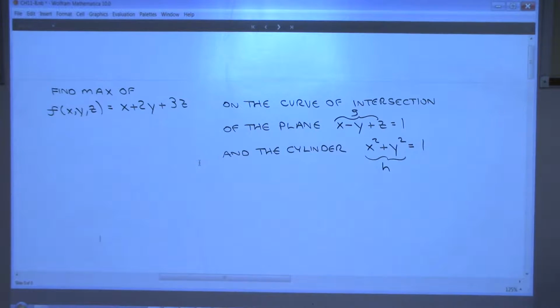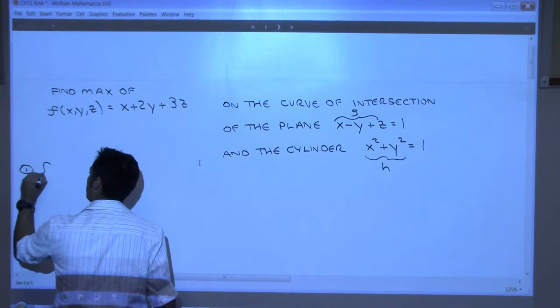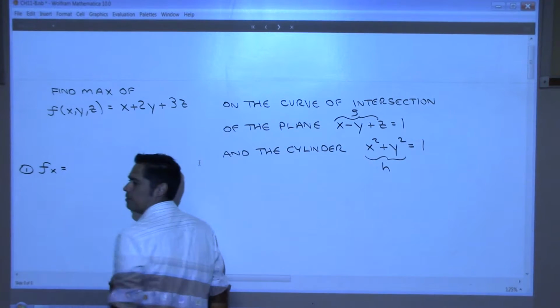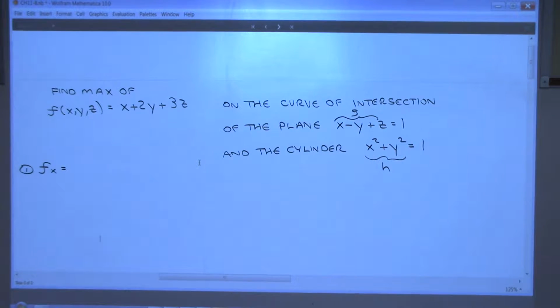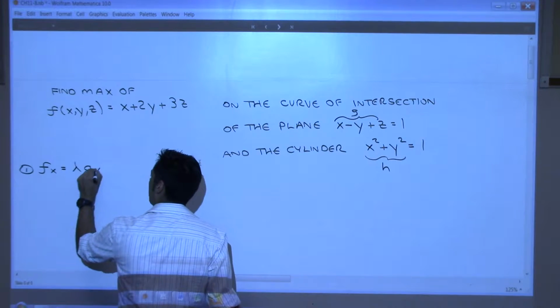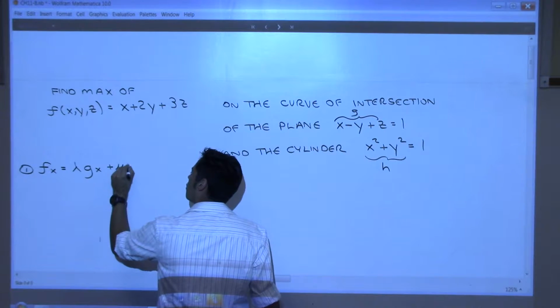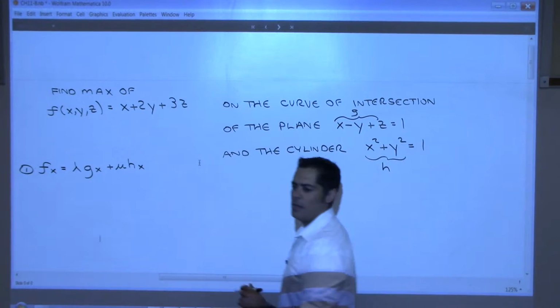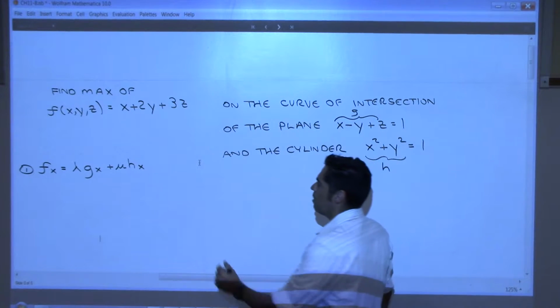And so let me write down my equations. The first one, I need the partial of f with respect to x to be equal to lambda partial g with respect to x plus mu partial h with respect to x. That's the first equation I'm going to have. Second equation.